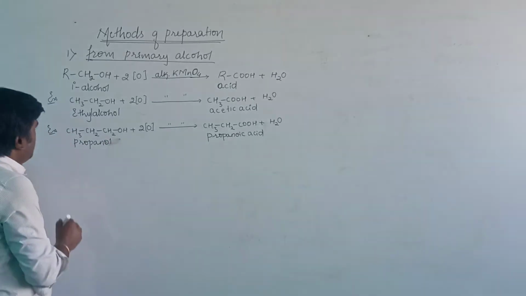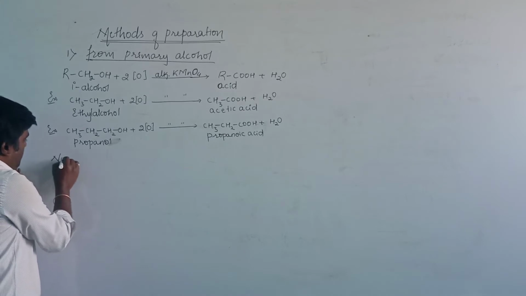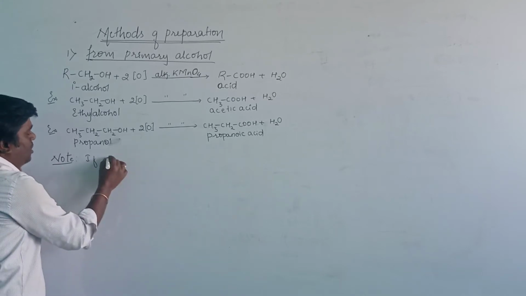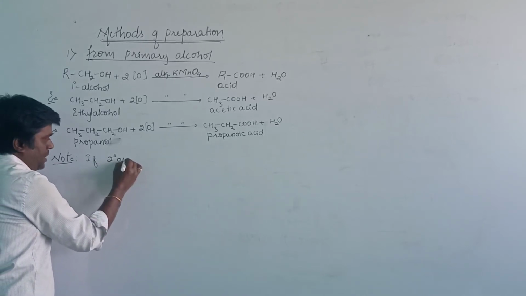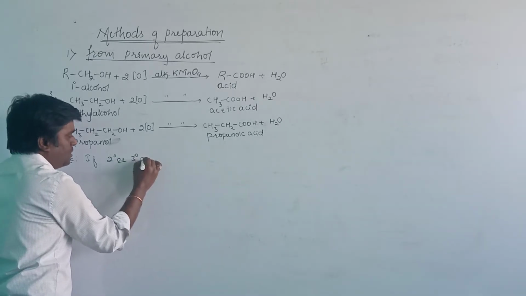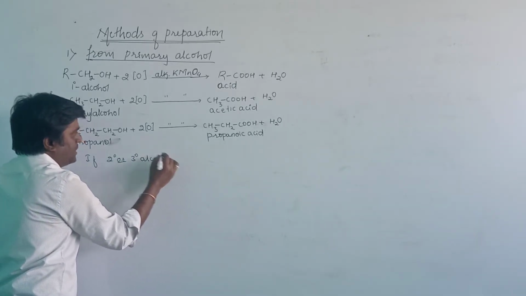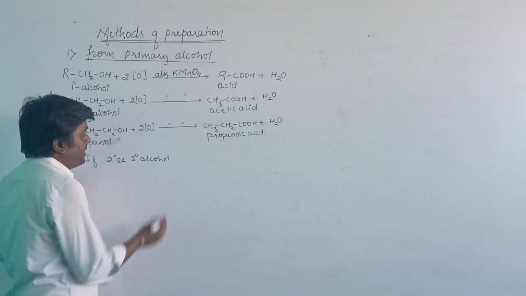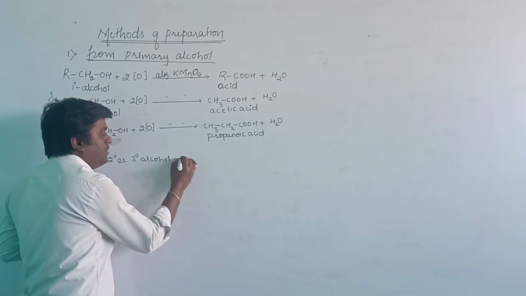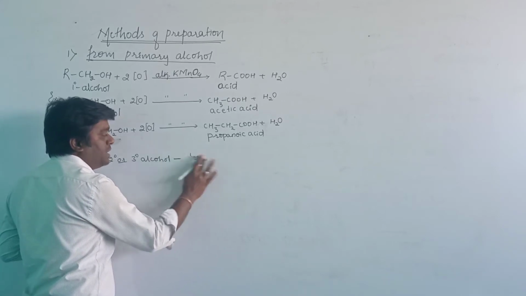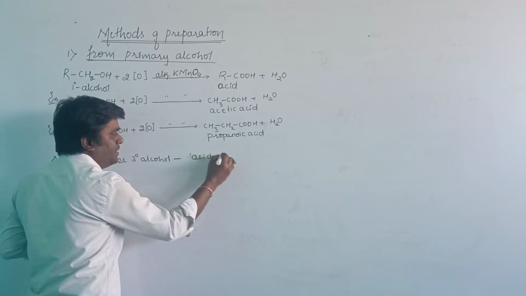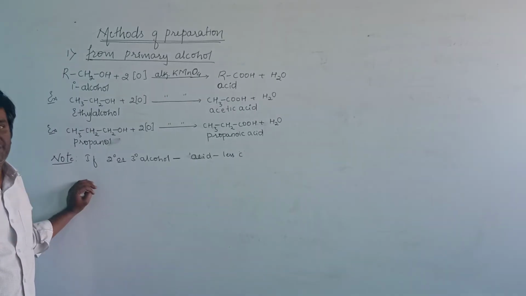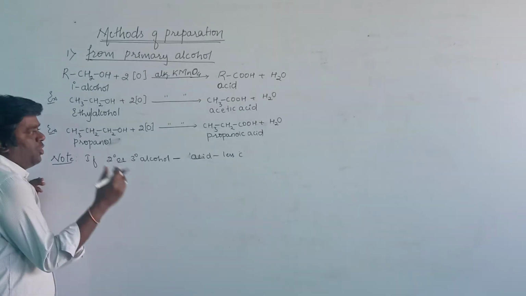Here, if we take the note, if secondary alcohols or tertiary alcohols undergo oxidation in the presence of alkaline potassium permanganate or potassium dichromate, then it will give the acid containing one less carbon atom than is present in the initial alcohol.